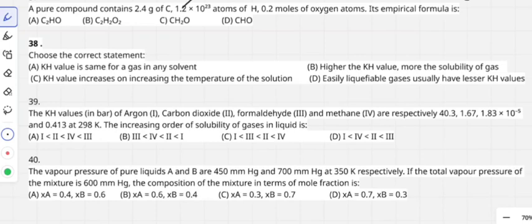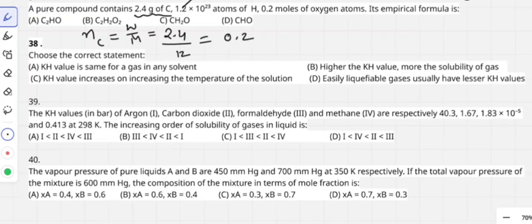First I calculate the number of moles of carbon, that is n of carbon is equal to W divided by M. W is 2.4 gram of carbon, and molar mass of carbon is 12. So 2.4 divided by 12 is 0.2.